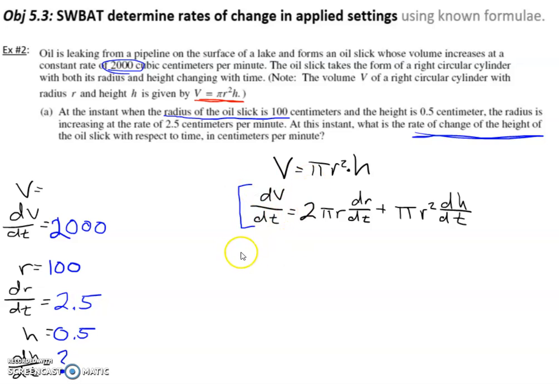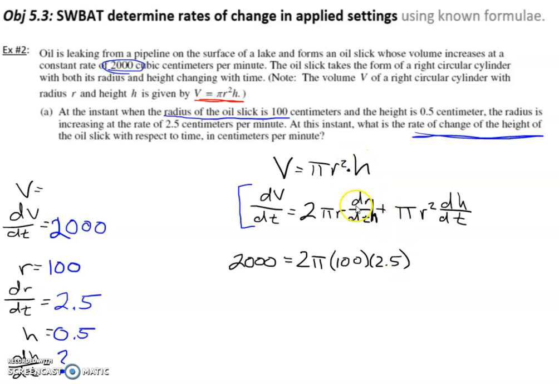So I'm going to plug in all our numbers here. So dV/dt is 2,000 is equal to 2 pi. The radius is 100. dr/dt is 2.5. You know what? I forgot an h back there. I'm sorry. I'm not going to re-record this whole video, but product rule says derive this and then leave this part of it the same.